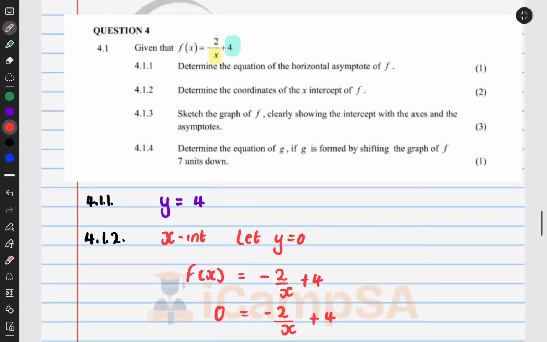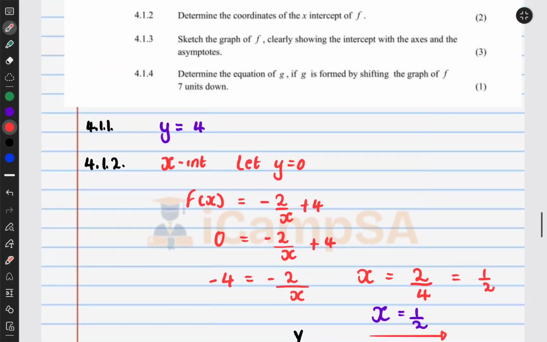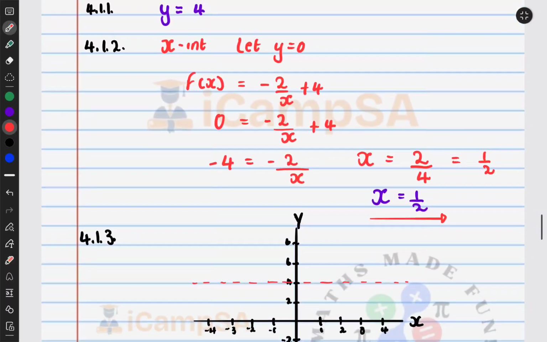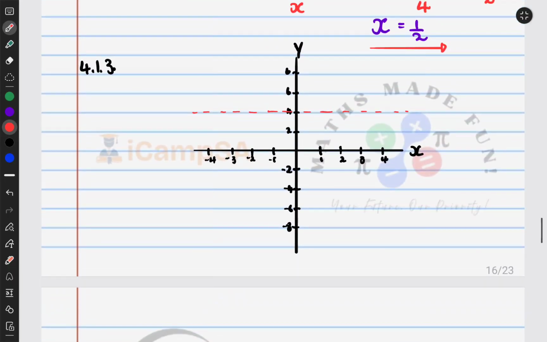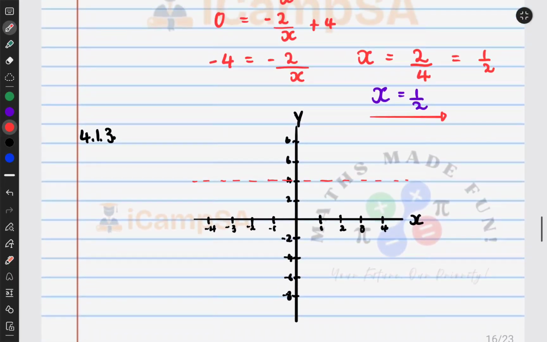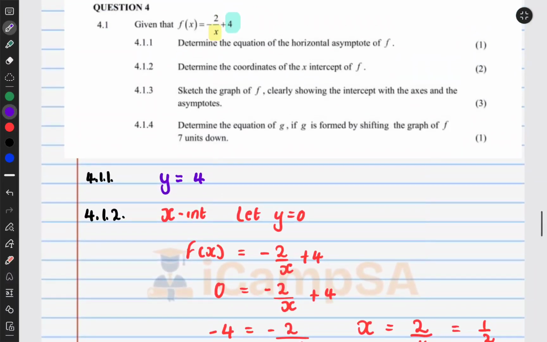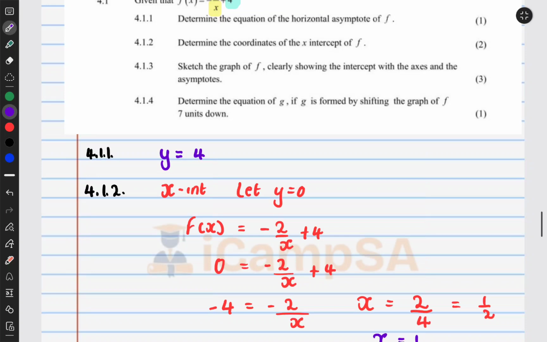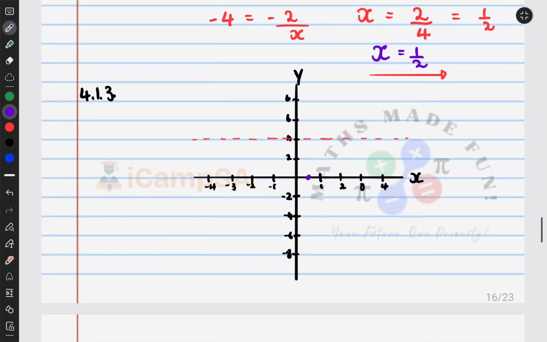The x-intercept that we calculated is at x is equal to half here. That is where our graph will intercept the x-axis. We don't have the y-intercept because our graph doesn't actually cut the y-axis.